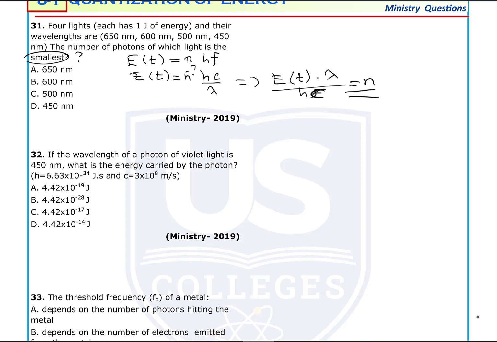If you want number of photons to be smallest, wavelength of the light must be smallest as well, according to this equation. So smallest wavelength, which one? 450 nanometer. So the 450 nanometer light has the smallest number of photons, if you want all these photons to have 1 joule of energy.